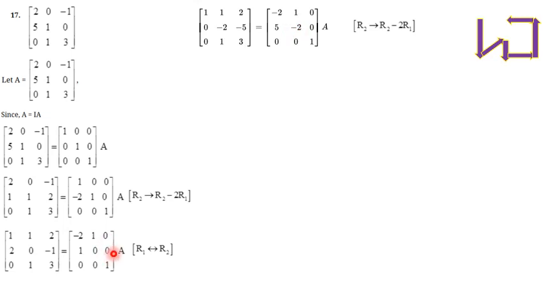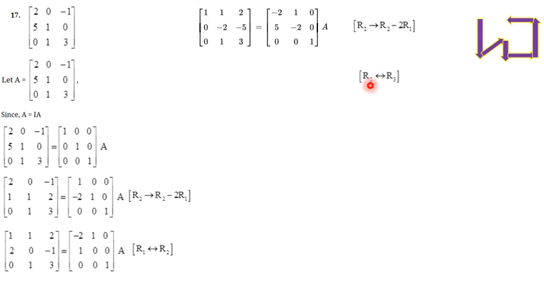Next 0 minus 2 into 0, that is 0. Final row 3, 0, 0, 1 remains the same. Now you see the first column becomes 1, 0, 0. We just followed this way. But of course it is not in the usual order. According to our convenience, we made a little bit of difference.